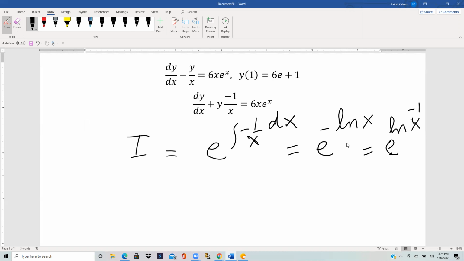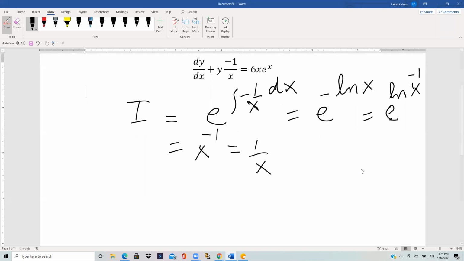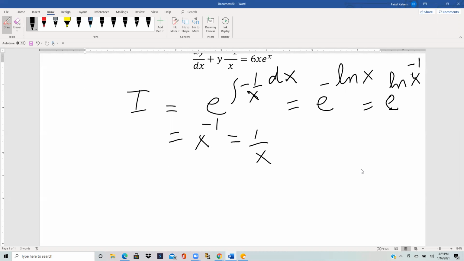And so that's equal to x power negative 1 equals 1 over x. So that's the integrating factor, and therefore the solution is the general solution.